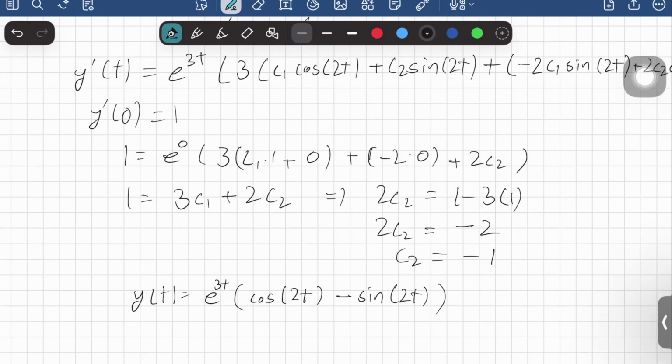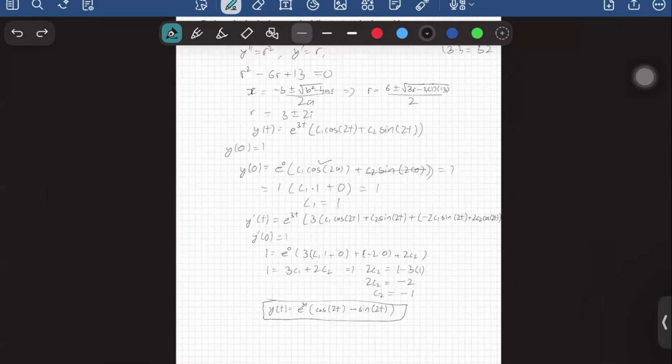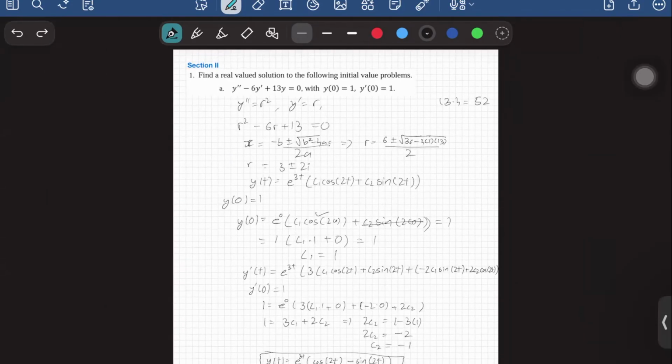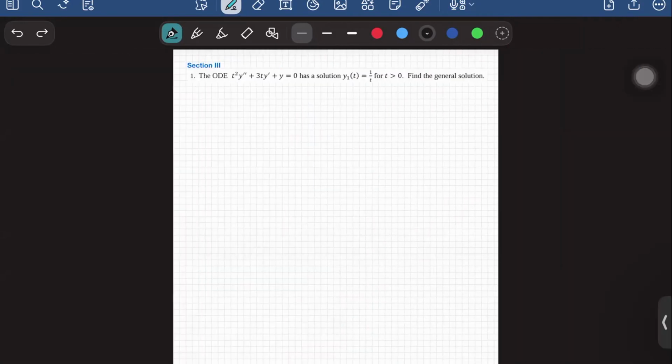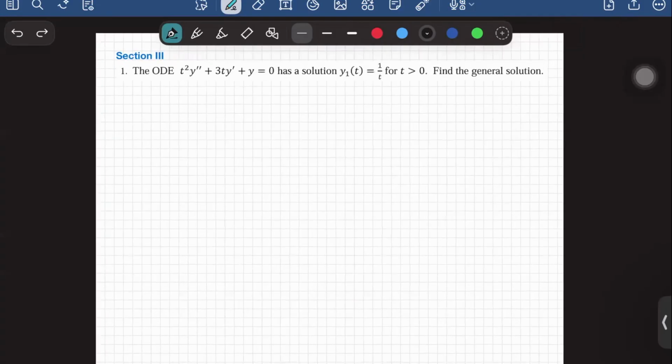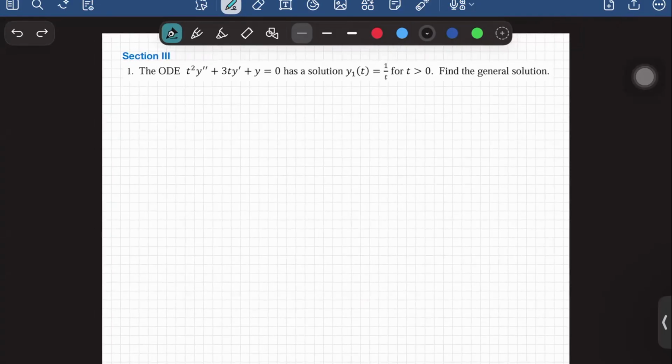Okay, this is our final answer, the real valued solution for the initial value problem. And let's jump to the other question.